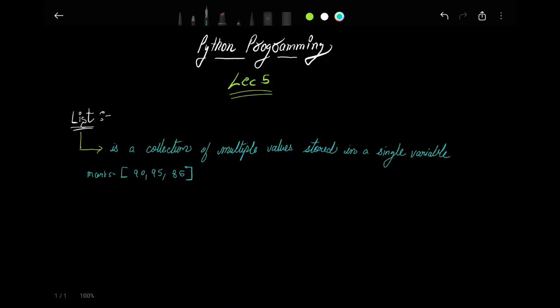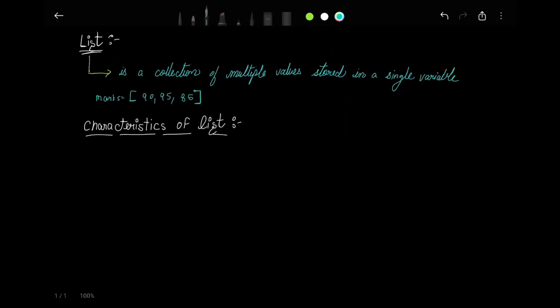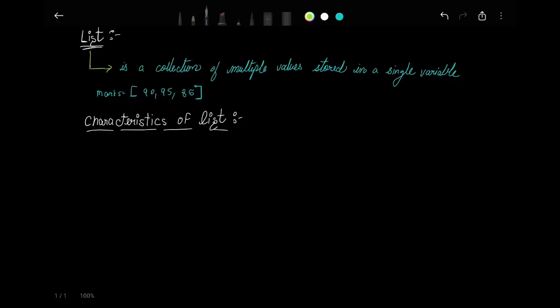Now we will look into the characteristics of list. The very first feature of list is lists are ordered, which means lists maintain the order in which elements are added.